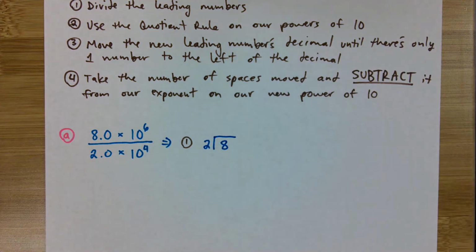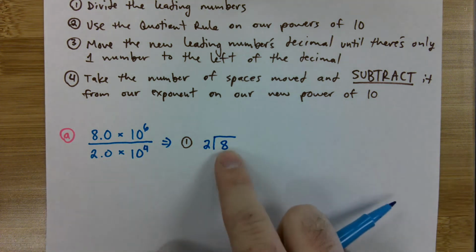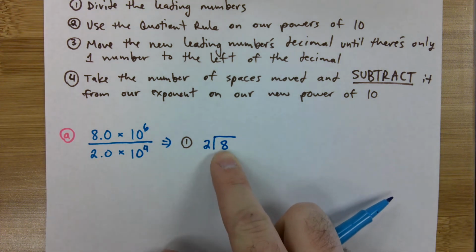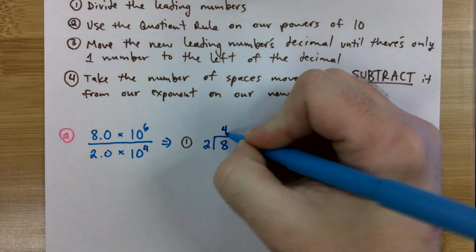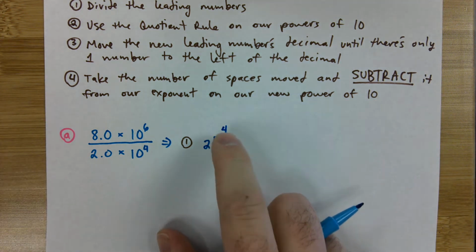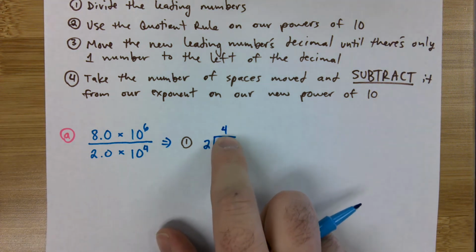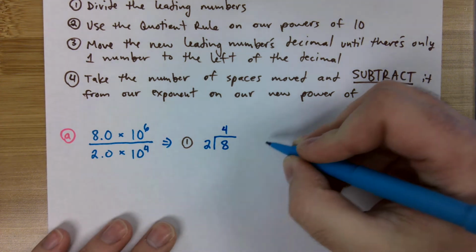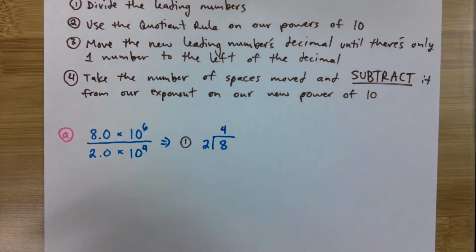So we set up our long division like that. Obviously, you don't need to do long division to do 8 over 2. But for these decimal numbers, you definitely will have to do some long division. 2 goes into 8 how many times? 4 times, right? So our new leading number out in front is going to be 4.